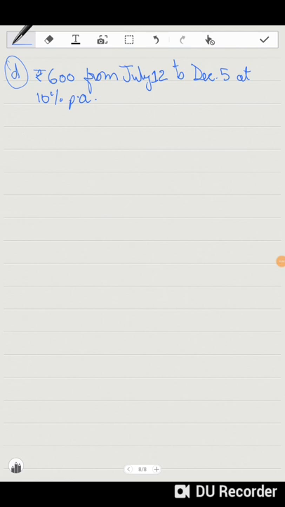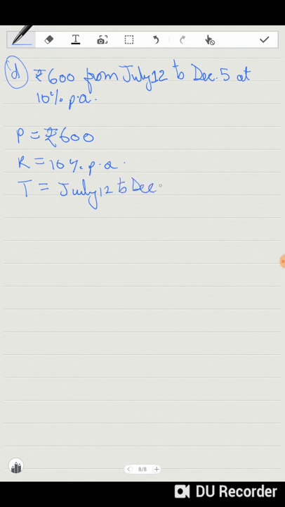Now this is a very interesting sum, because principal given over here is rupees 600, rate is 10% per annum, but the time they are telling us is from July 12 to December 5. So I'll calculate the number of days.